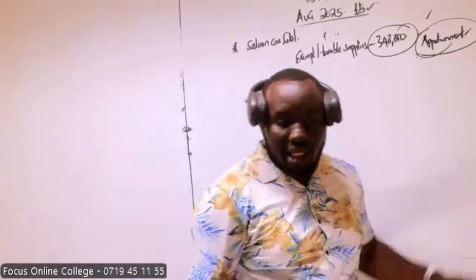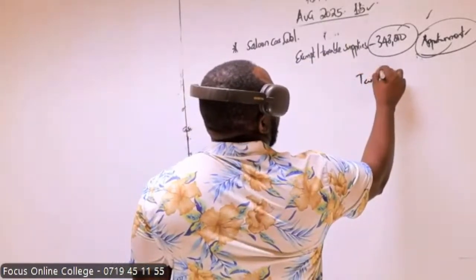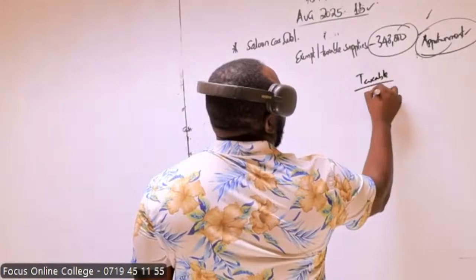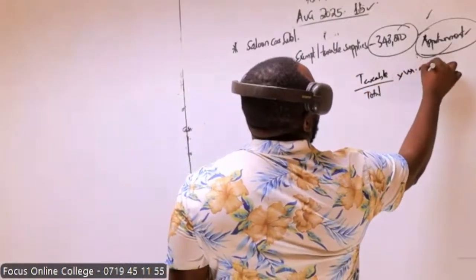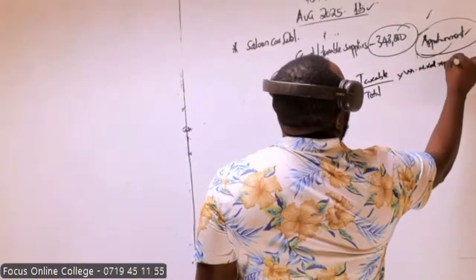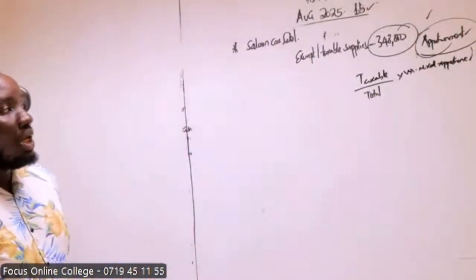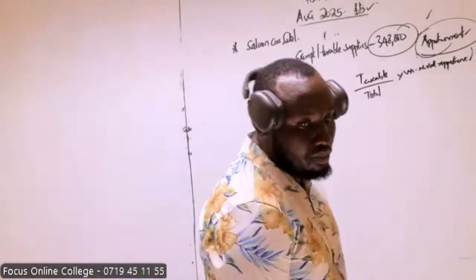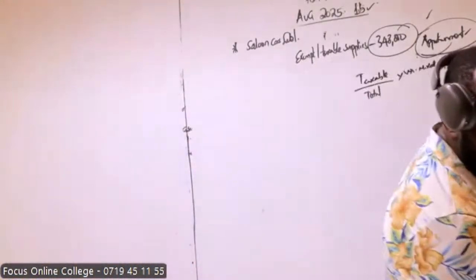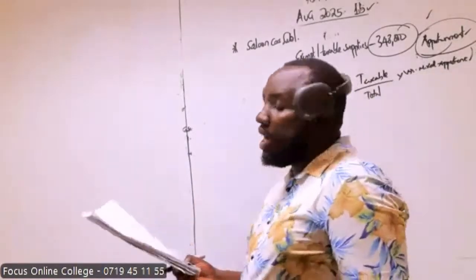So what are we going to say? The turnover that is taxable supplies over total supplies times the VAT on mixed apportionment. That is what we call turnover apportionment. Perfect.